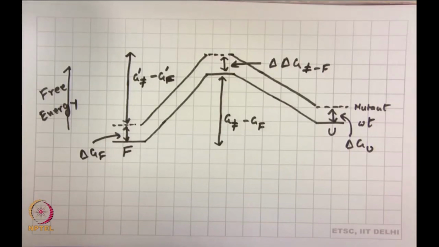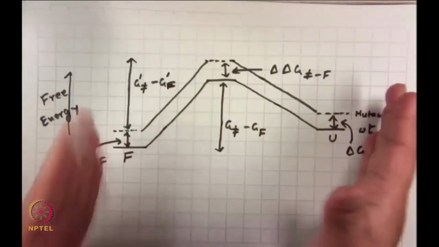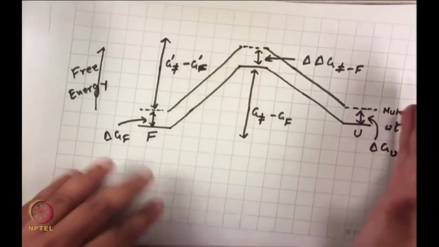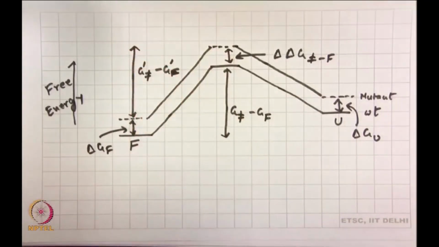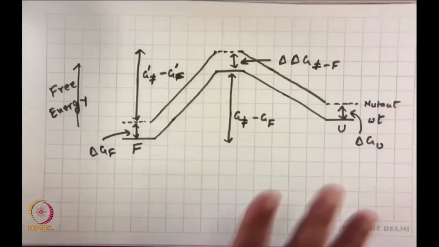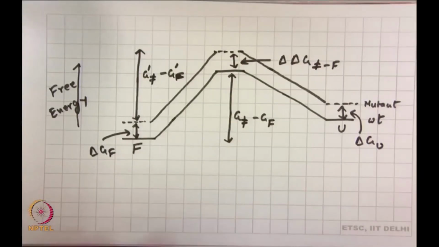So, if from left to right I am talking about phi unfolding, then from right to left I should be talking about phi folding. In phi folding, wherever I have F, it would be replaced by U. I will come to that again later. But anyway, is this diagram okay for you, at least to start with?